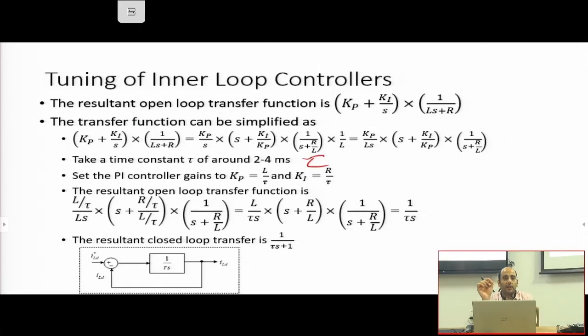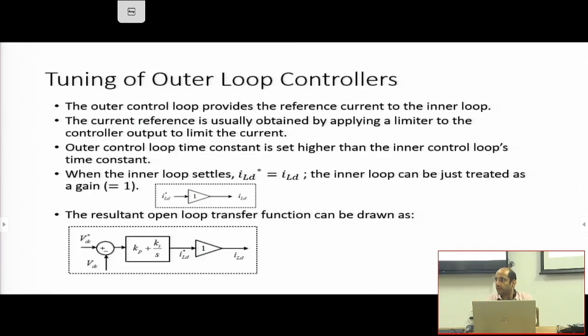So very simple approach. This approach is called a pole placement technique, where we define a time constant, usually taken in the range of 2 to 4 milliseconds, and then just put Kp equal to L by tau and Ki equal to R by tau, and you get a very simple transfer function.